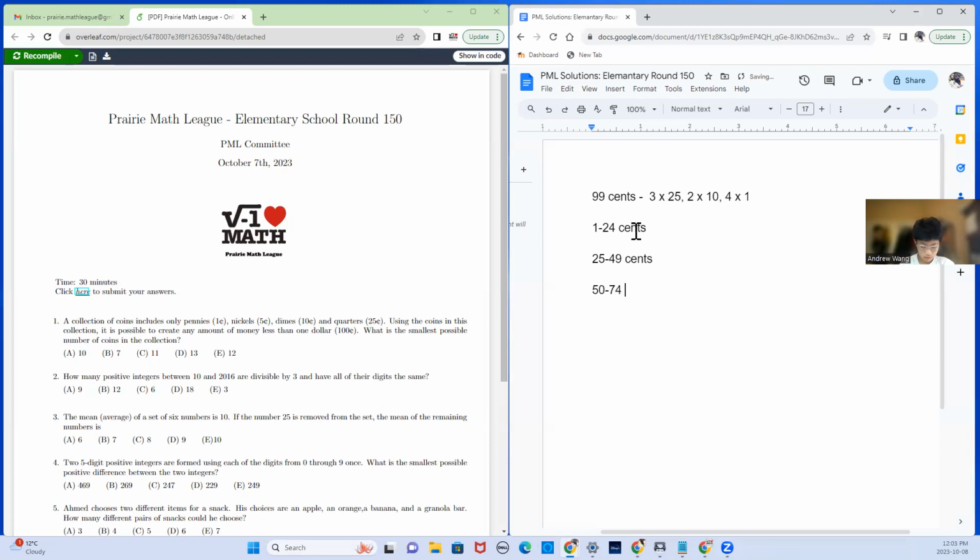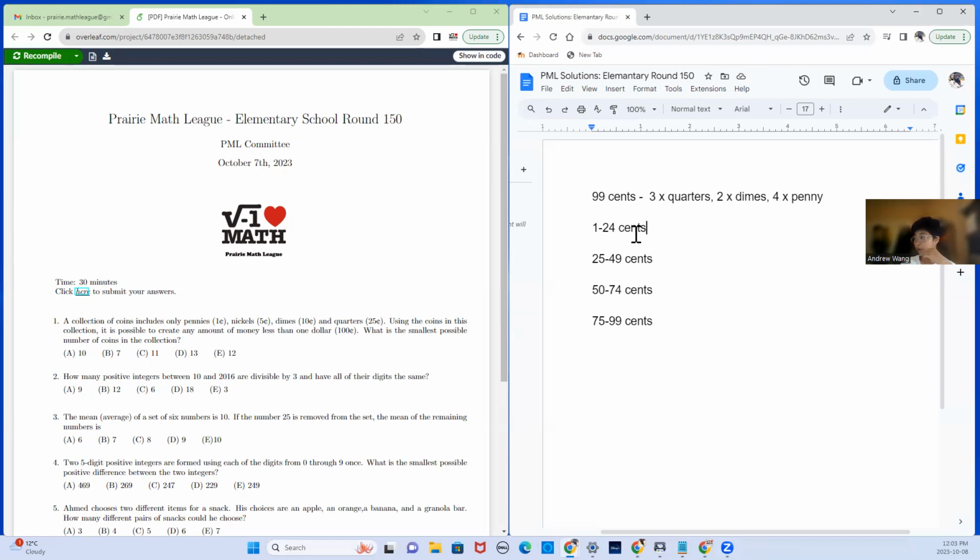And the last one is obviously 75 to 99 cents. So we can check if these values fit with the quarters, dimes, and pennies.